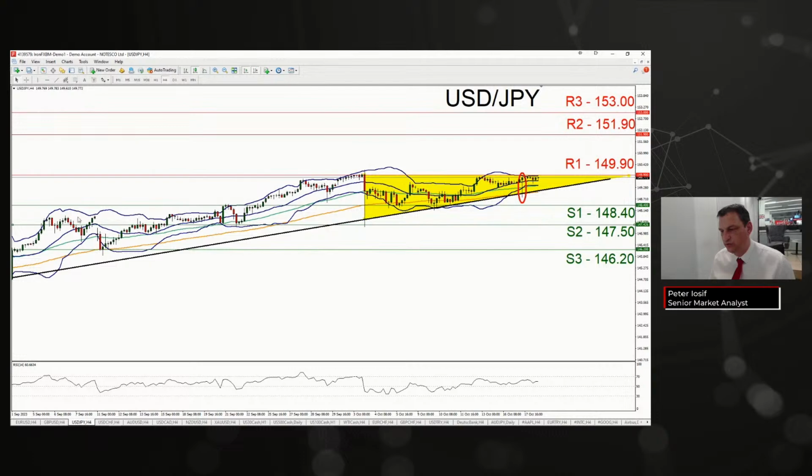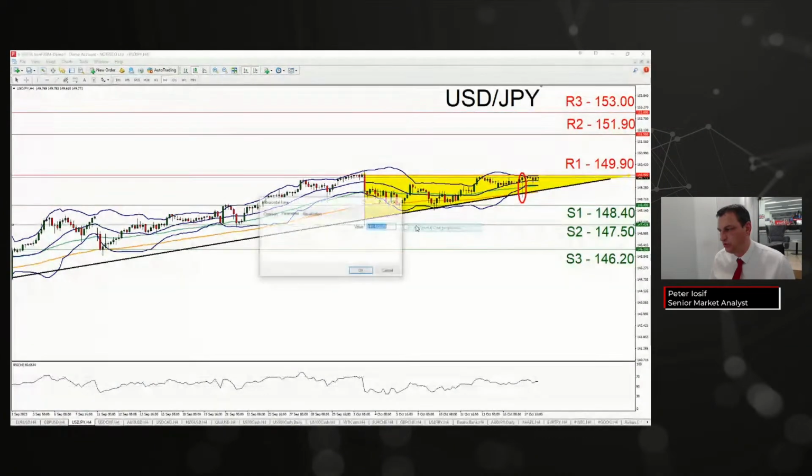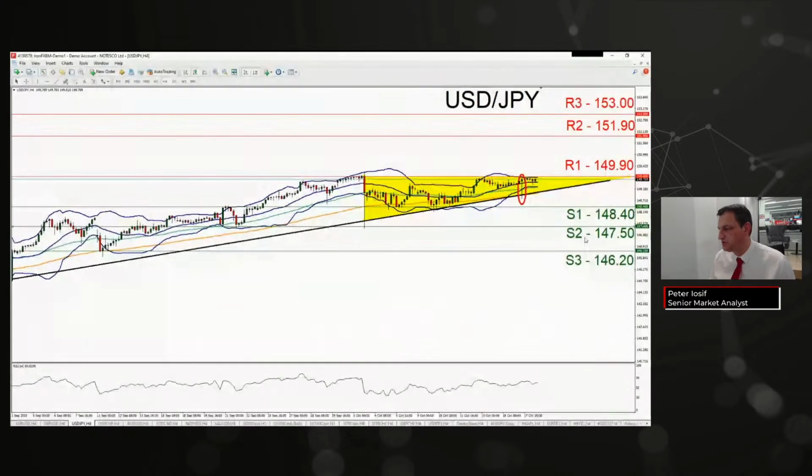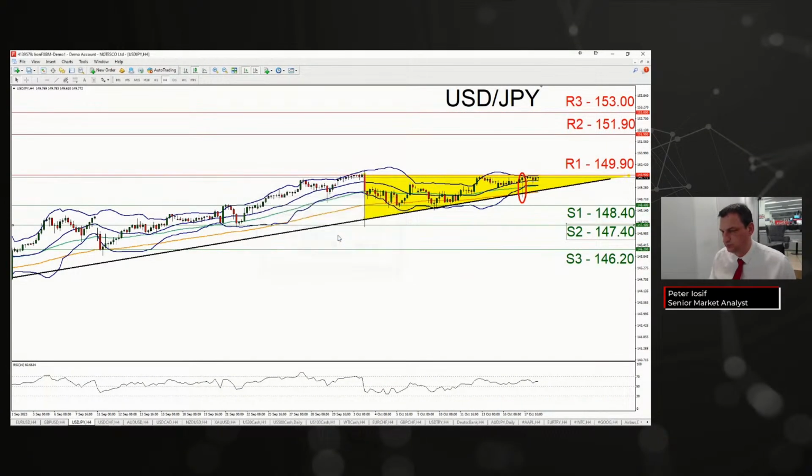On the other hand though, we have to note that there's some resistance here. So that makes the level even more valid. Okay, we're talking about 10 pips lower.